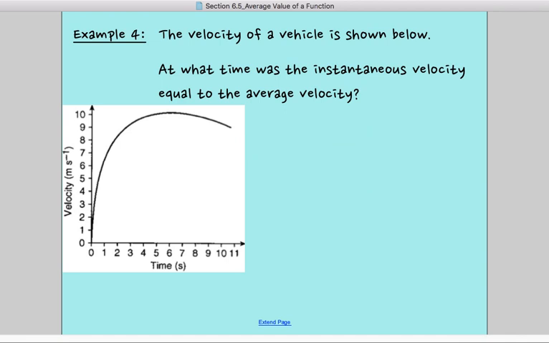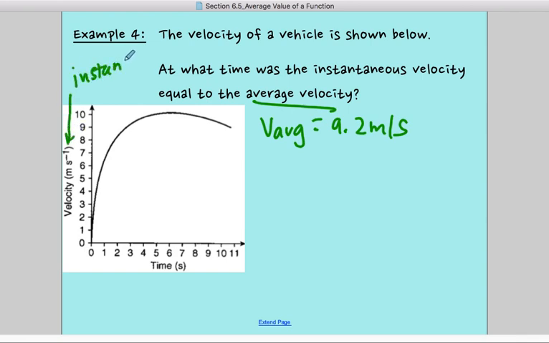Example 4, using the same picture, at what time was the instantaneous velocity equal to the average velocity? Well, we just said our average velocity was 9.2 meters per second. And this graph is showing our instantaneous velocity. At 0.1 second it's like 1. At 0.2, it's increasing very quickly. This axis is showing our instantaneous velocity. So what I want to know is, when are they equal?